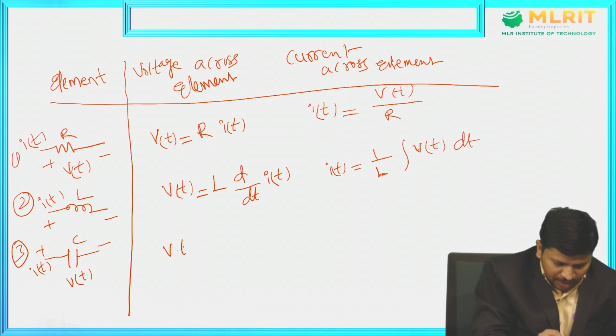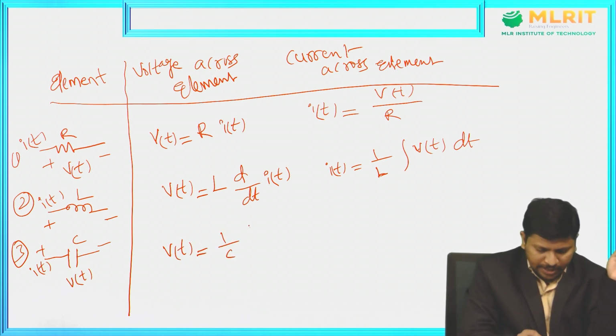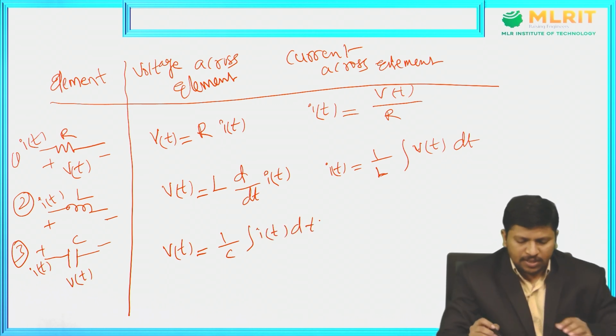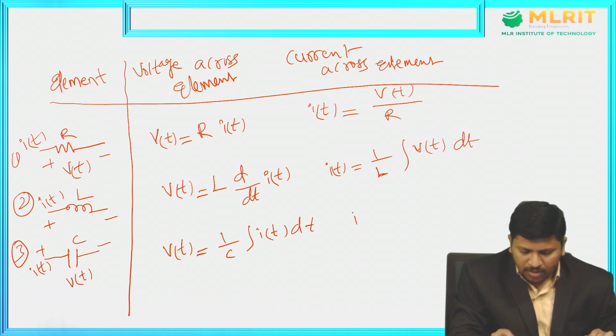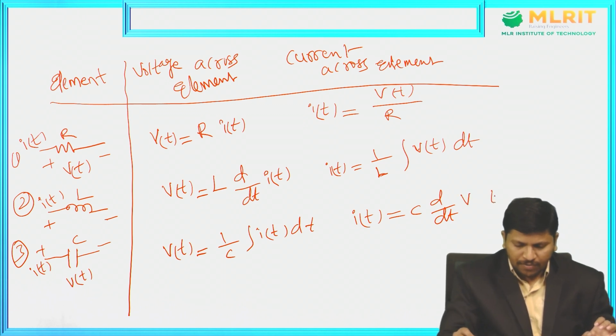V of t equals 1 by C into the integral of I of t dt, and the current is I of t equals C into d by dt of V of t.